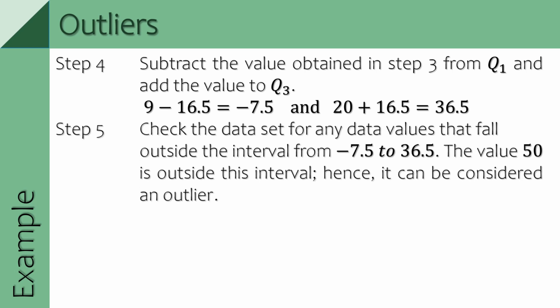Okay, so check the data set for any data values that fall outside the interval from negative 7.5 to 36.5, and the value is 50. The value 50 is outside this interval, hence it is considered an outlier. So siya na si outlier.